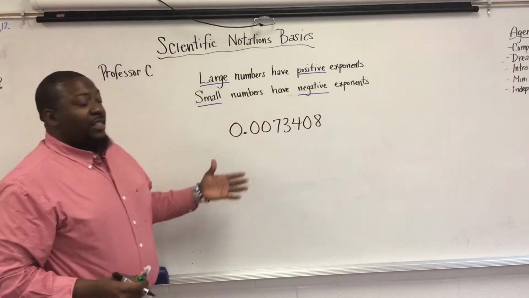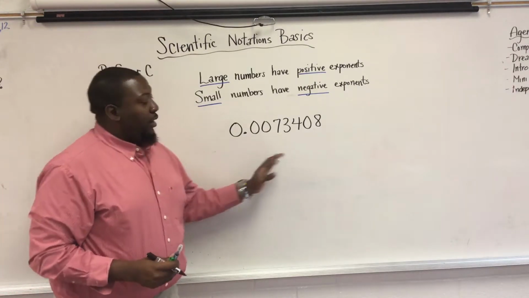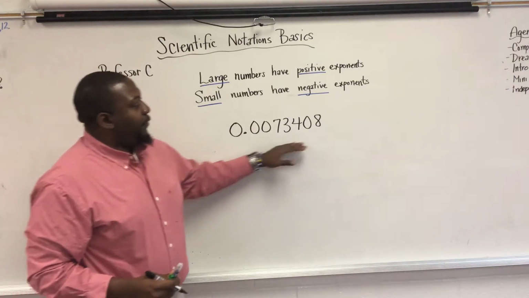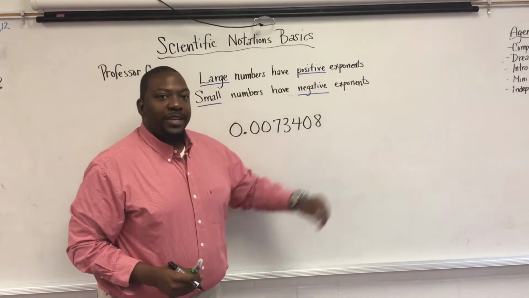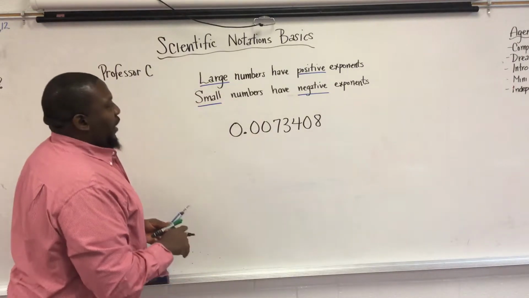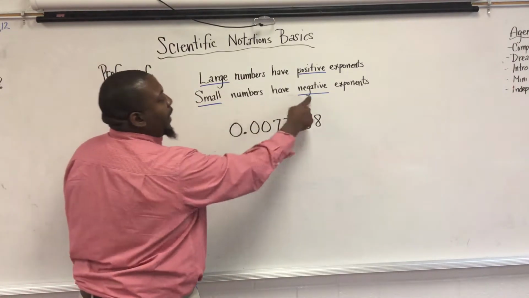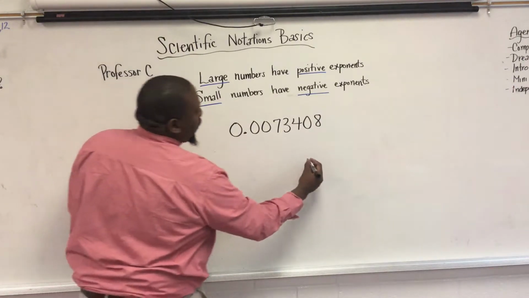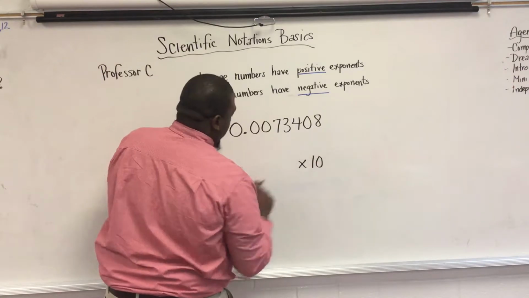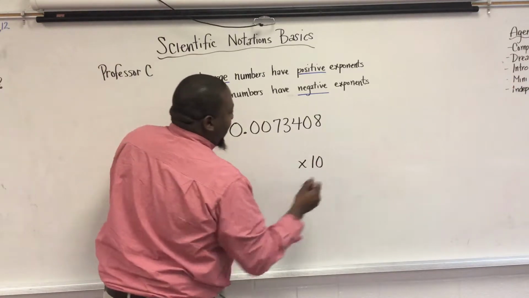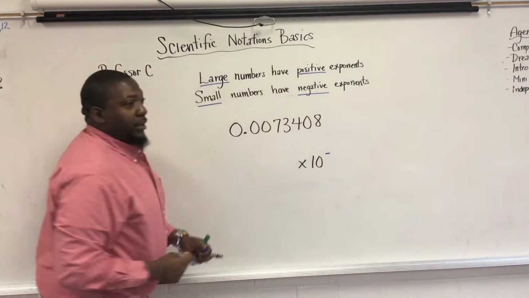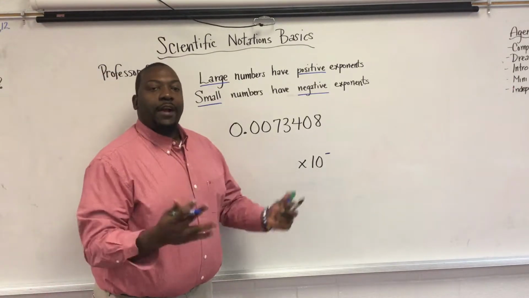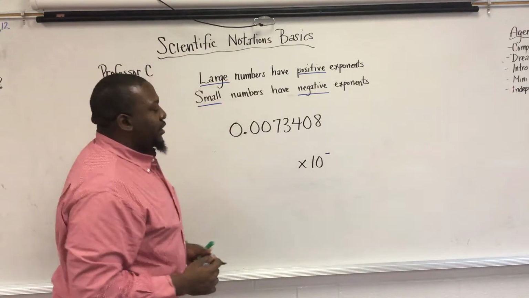You should recognize that this is a very small number because it's some value lower than 1. And in this case, we're going to end up with a negative exponent. So I'm already going to write that down. I know I'm going to have a negative exponent, but I'm still counting how many places I'm moving my decimal.